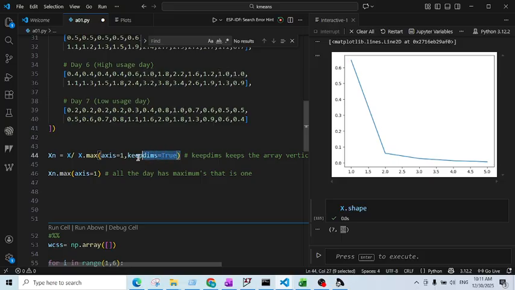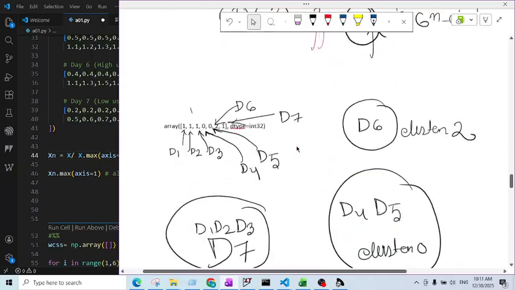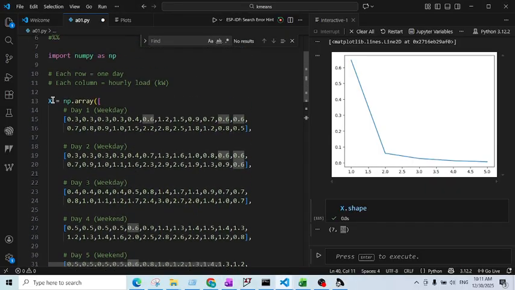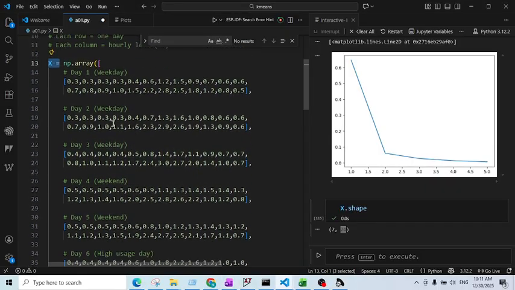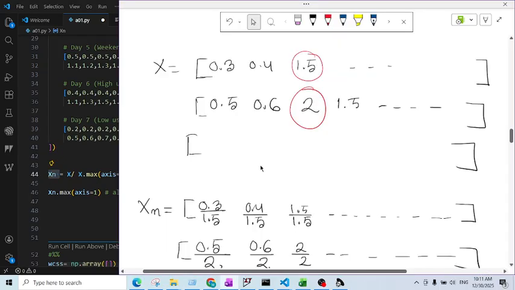Okay, so here I have just normalized the value. Normalize the value means I have just divided them by the maximums. Let's say this is x, this data actually, and I have found the normalized input by doing this.